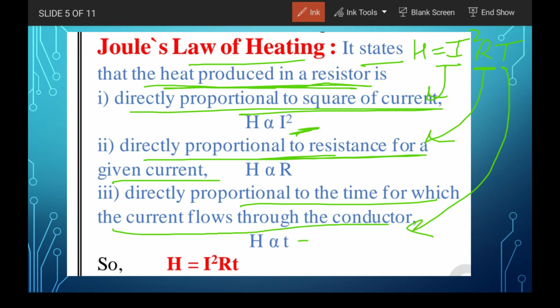It means the more time the bulb is switched on, the more the heating effect; the more the resistance, the more the heating effect; and the more the current passing through it, the more the heating effect. So we get the equation H = I square Rt. This is your Joule's law of heating.